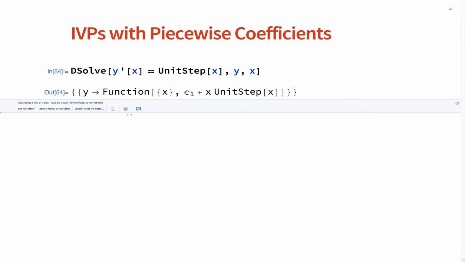So let's take the solution to the same ODE with some initial condition. Let the equation be the same. So this is my equation.